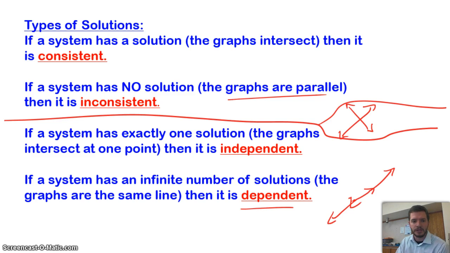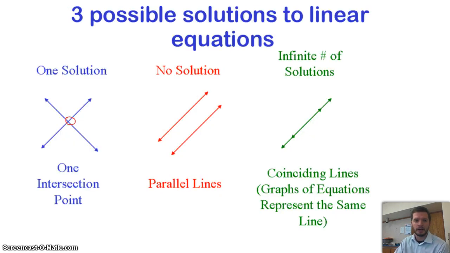All right, so let's go back for a second. I'm going to go back to this and we're going to figure out which one is which. In this case, the one solution, you would call this consistent and independent.